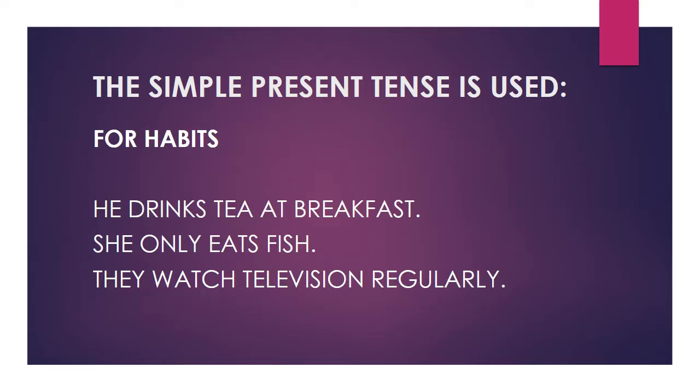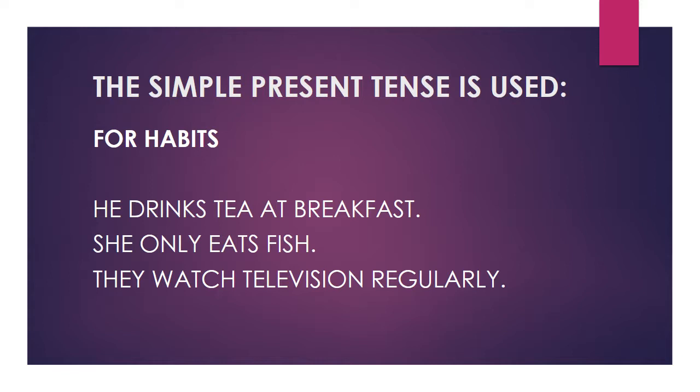Simple present tense is used for habits. He drinks tea at breakfast. She only eats fish. They watch television regularly. So you don't say she's only eating fish. No, when it's a habit, then you say she only eats fish.